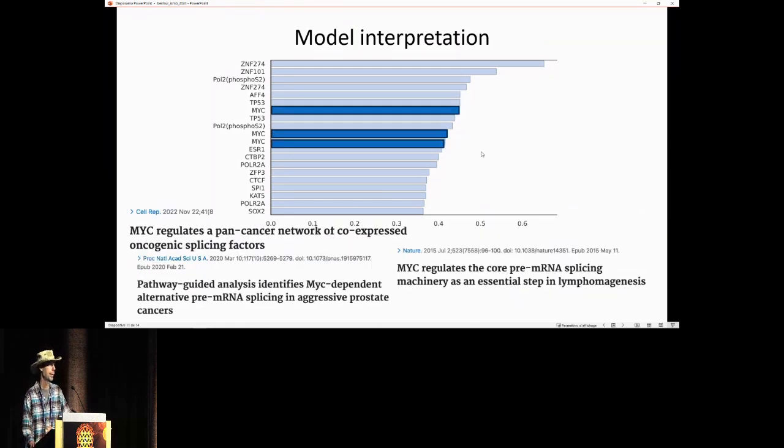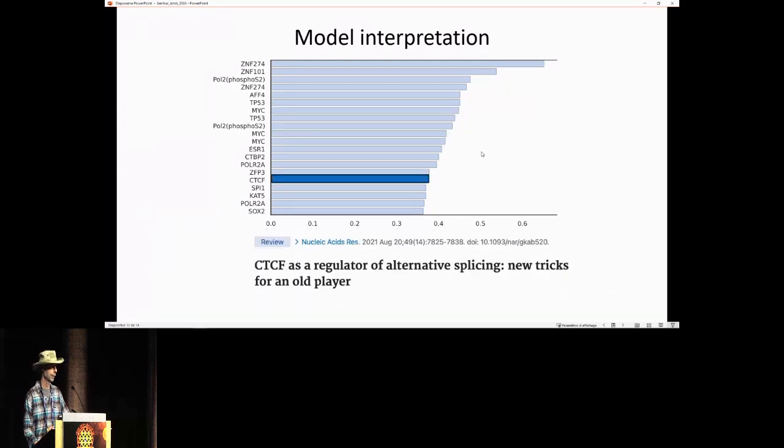And the next is MYC, which is a well-known oncogene that also probably does its work by affecting intron retention. It is known to regulate alternative splicing.